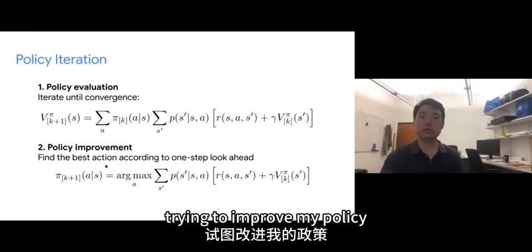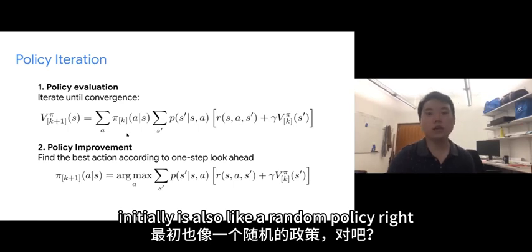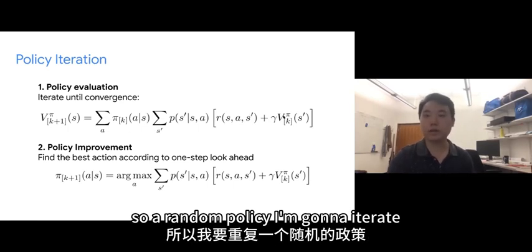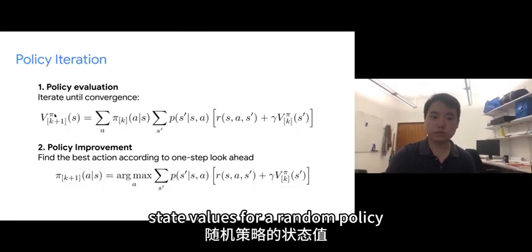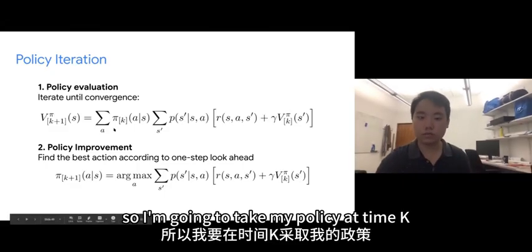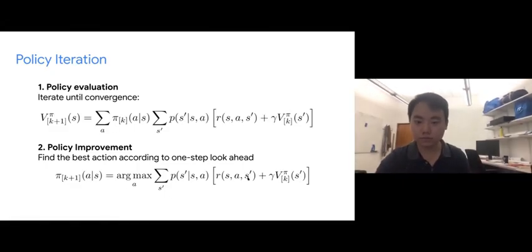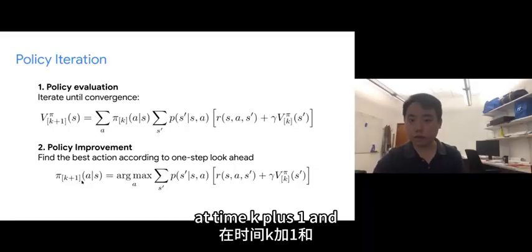And then I'm also trying to improve my policy, because my policy initially is like a random policy, right? So for a random policy, I'm going to iterate such that left and right hand sides are equal to get my state values for a random policy. But my goal is to also improve my policy. So I'm going to take my policy at time k, and try to obtain a better policy at time k plus 1.